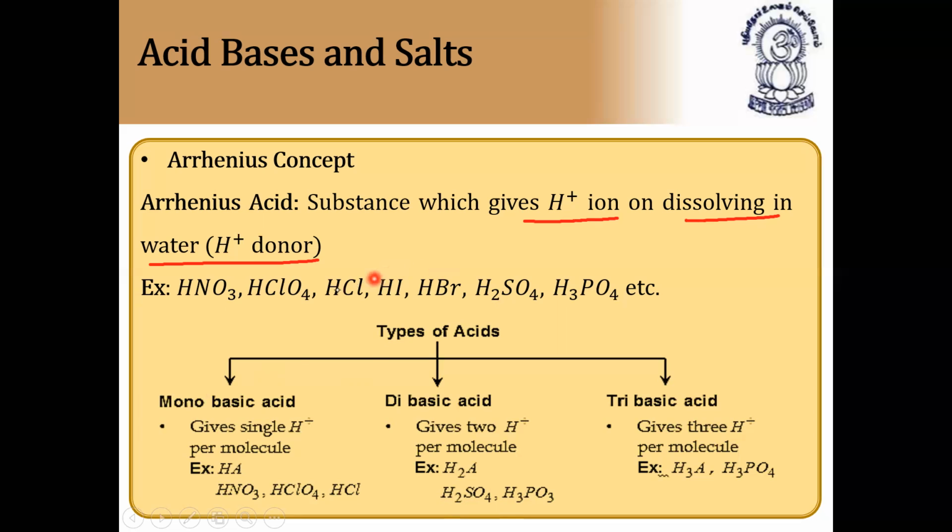So according to the Arrhenius concept, what is an acid? An acid is a substance which gives H plus ions on dissolving in water only.